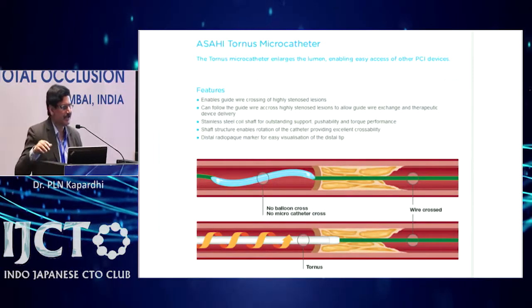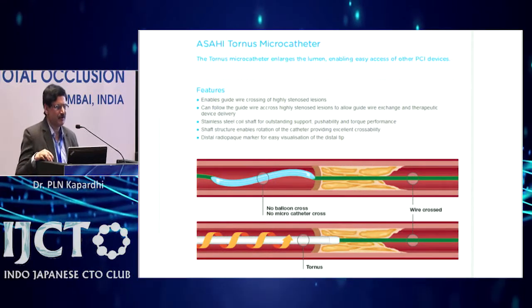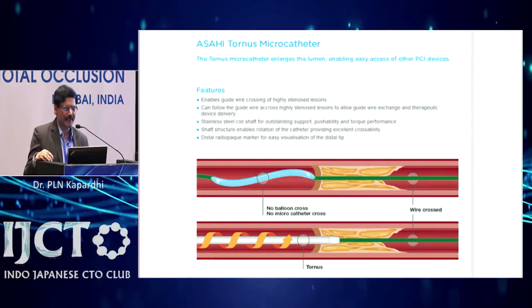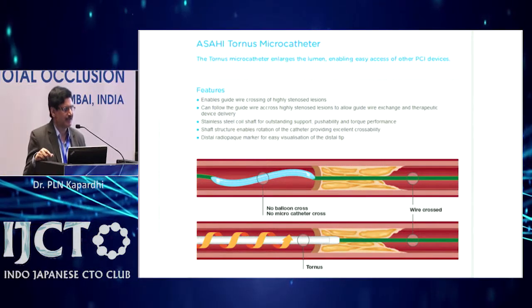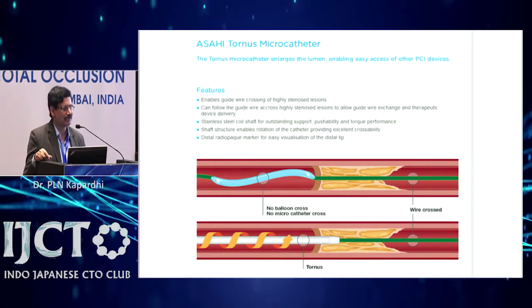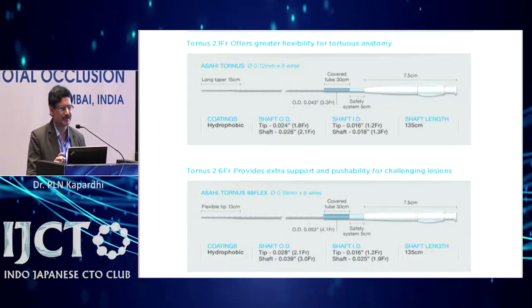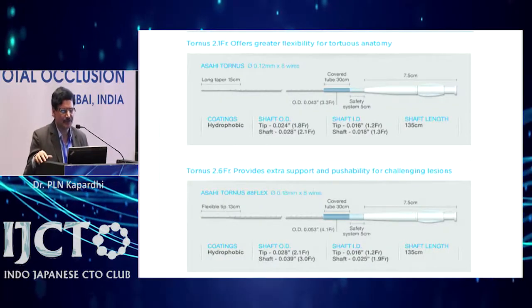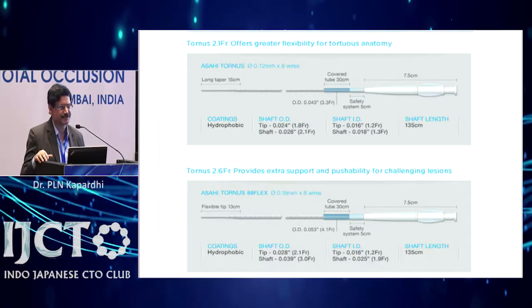In evolution, in 2006-7, when Tornus was introduced, we used this microcatheter. Basically, this microcatheter is useful for making expansion in the CTO for crossing uncrossable lesions by means of a balloon. Initially, the Tornus catheter was started. It is available in two sizes, 2.1 French and 2.6 French.